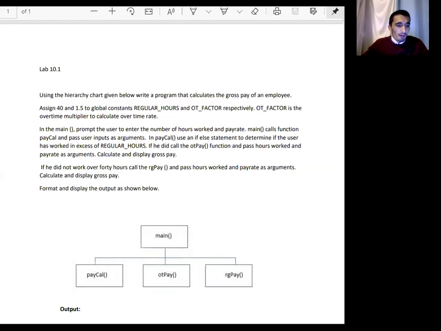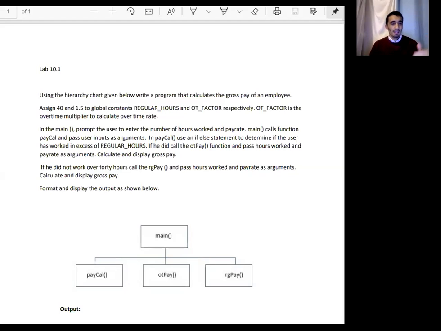So let's read the third paragraph. In main, prompt the user to enter the number of hours worked and pay rate. Main calls the function pay, and passes the user input as arguments. All right, I think it's taking way too long.